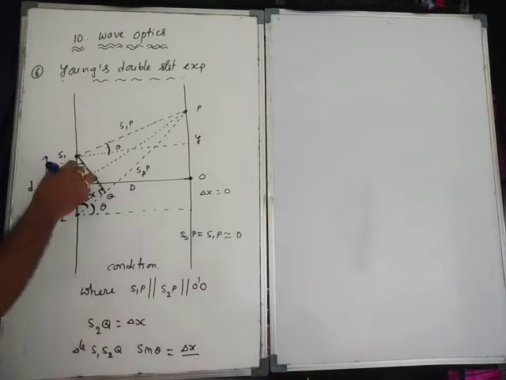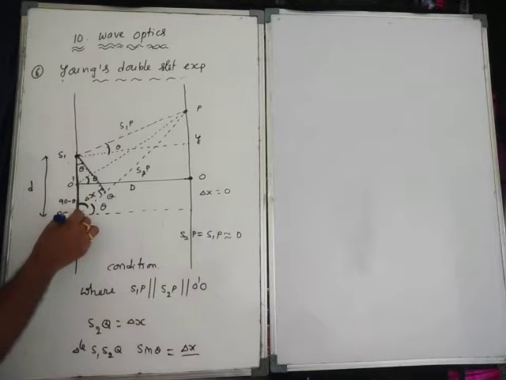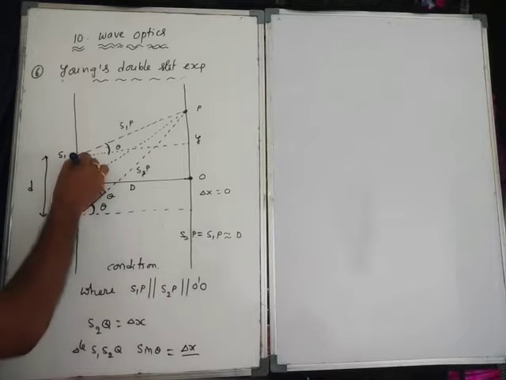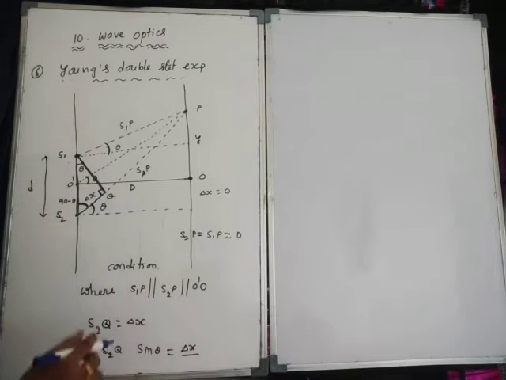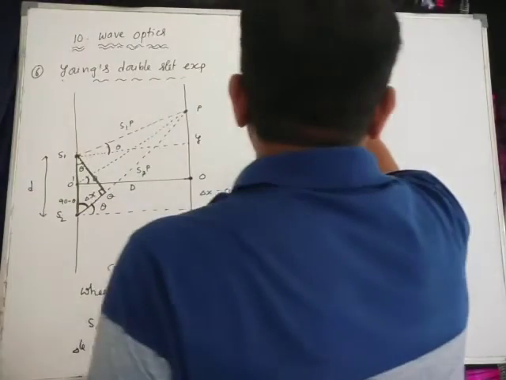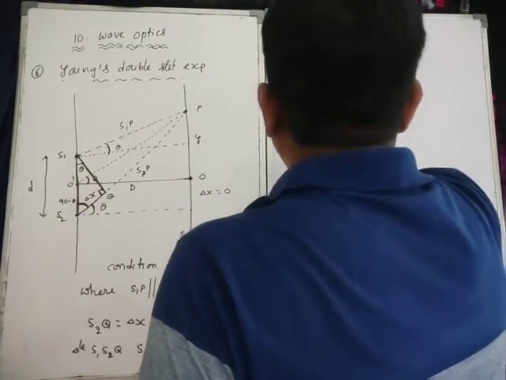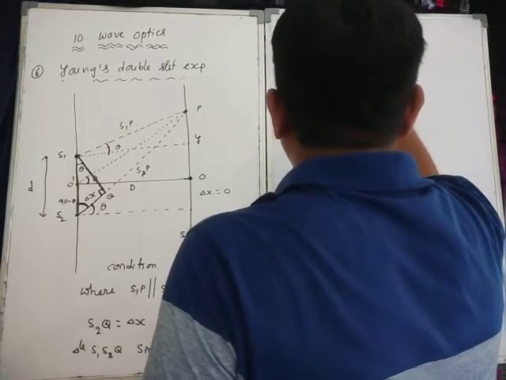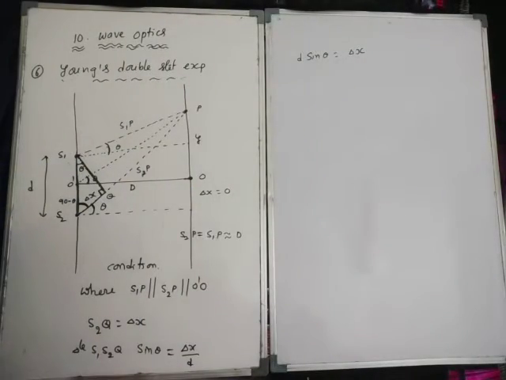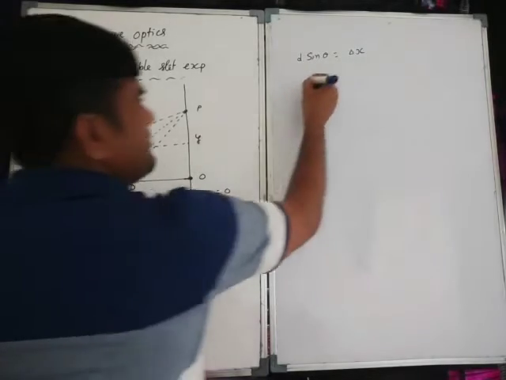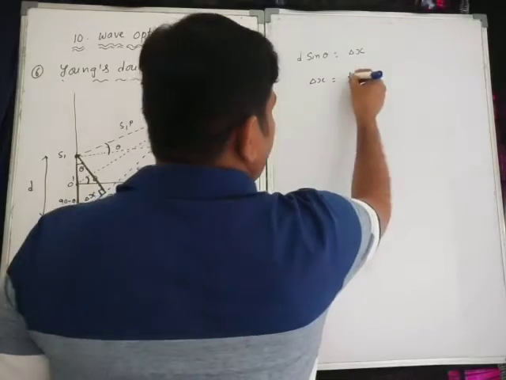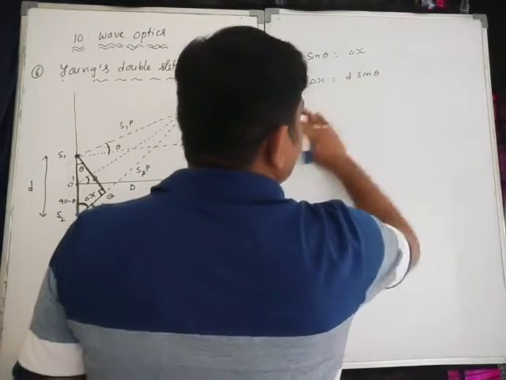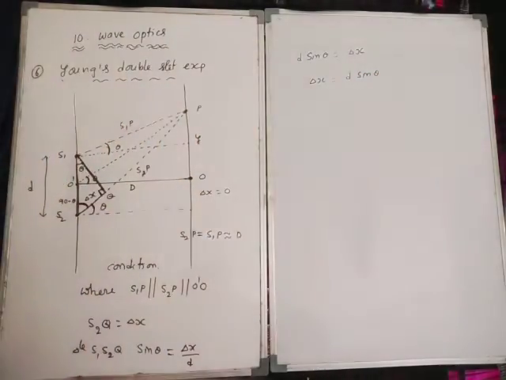This is the hypotenuse, this is the opposite side, this is the adjacent side, and this is 90 degrees. The hypotenuse is d. Therefore, sine theta is equal to delta x by d. So delta x is equal to d sine theta. Very, very important point: delta x is equal to d sine theta.